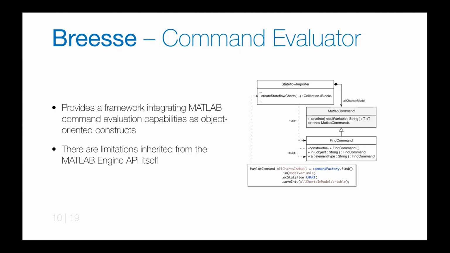There are some limitations though that we inherit from the MATLAB engine API. The MATLAB engine API has a limit on the length of the outputs that are returned from command evaluations. So certain elements in the resulting EMF-based representation may end up with some truncated data. Now, this is an issue, especially in the context of safety critical systems.